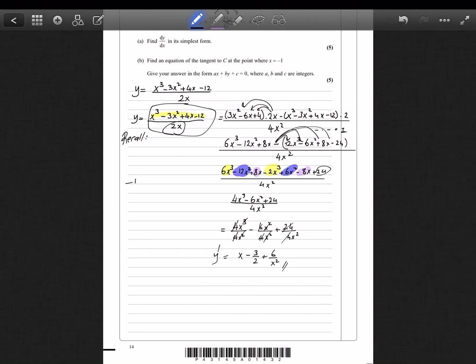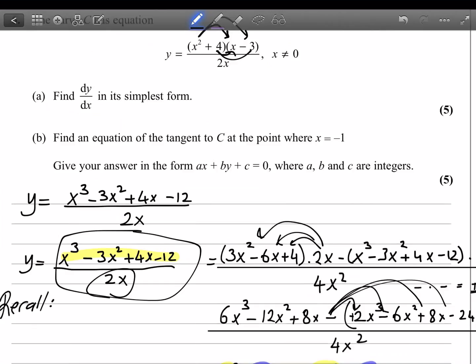Okay, and it asks: find an equation of the tangent to C at the point where x is minus 1. That's really easy. Why?